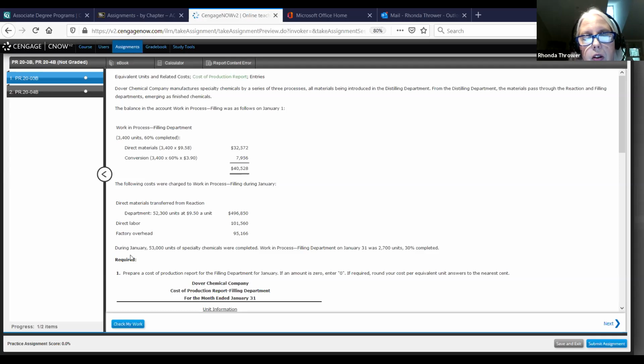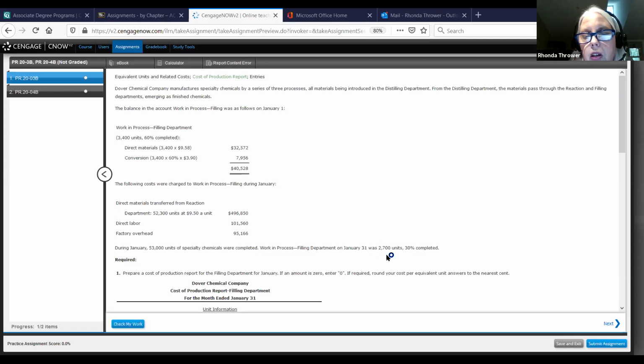And then they tell you that during January, 53,000 units of specialty chemicals were completed. That's an important piece of information here that they give you. The work in process in the filling department on January 31st, in other words, the ending inventory on January 31st, is 2,700 units.